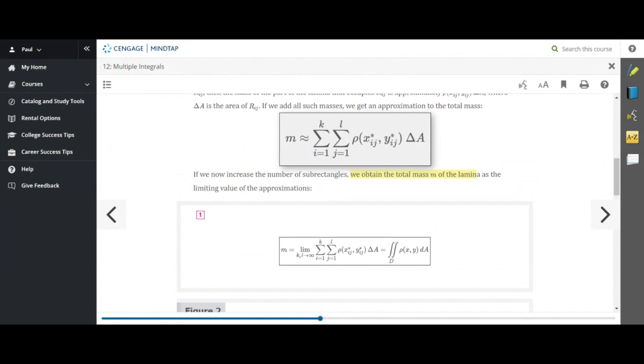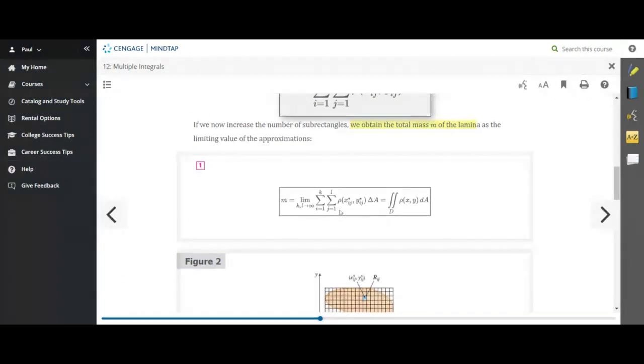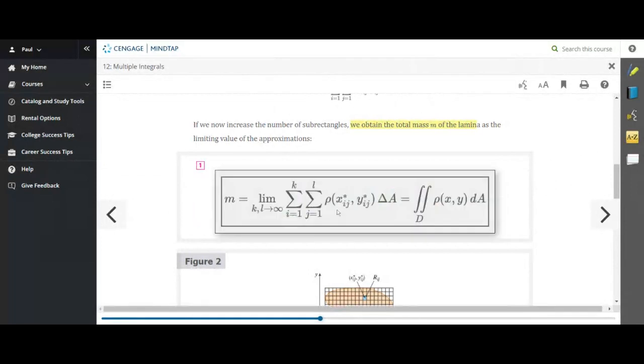So it makes pretty good sense. And of course, as we take more and more subrectangles, we have to let K and L go to infinity, and so this total mass becomes a double integral. Okay, so that would be how you find the total mass over a lamina. Are there any questions so far?